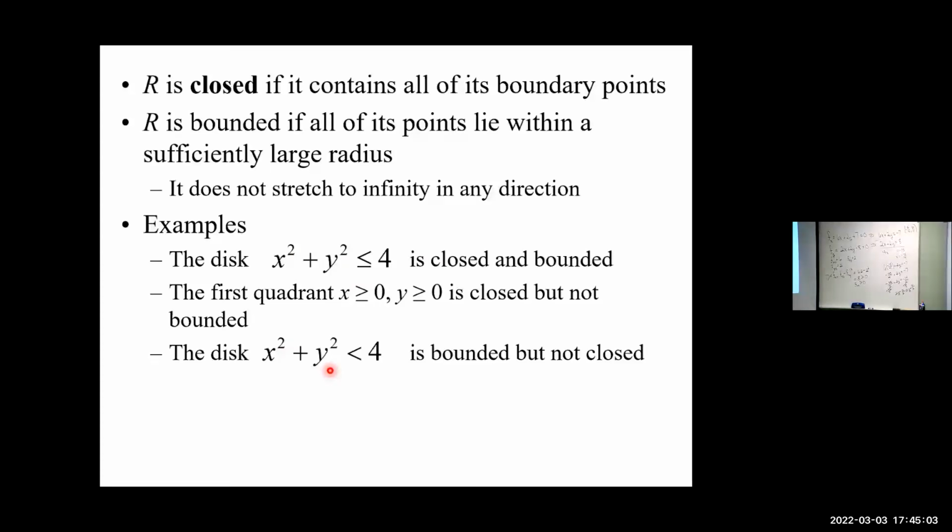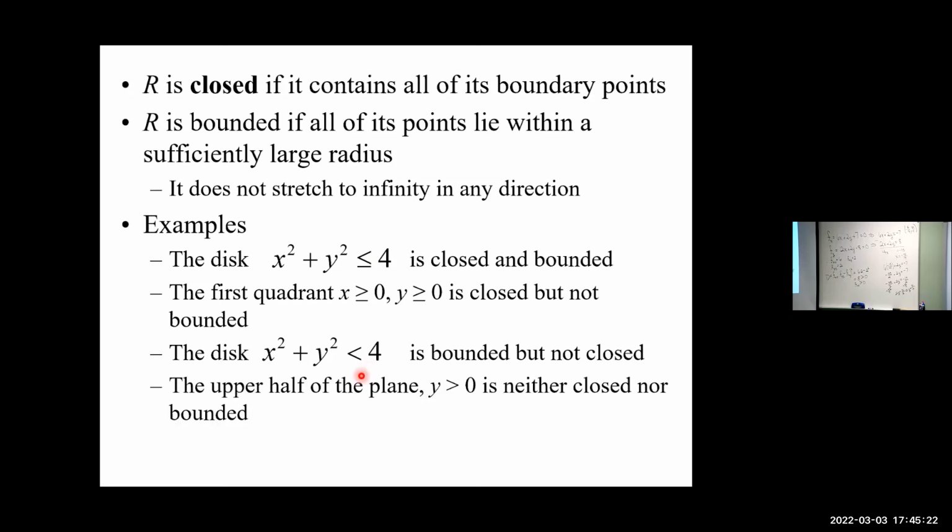This is that game where if you pick something closer to 4, 3.999, I can add another 9 to it and I can get a little closer. We can always get closer to that edge without ever reaching it. So that equals, just like in Calc 1, makes a big difference as far as our guarantee.